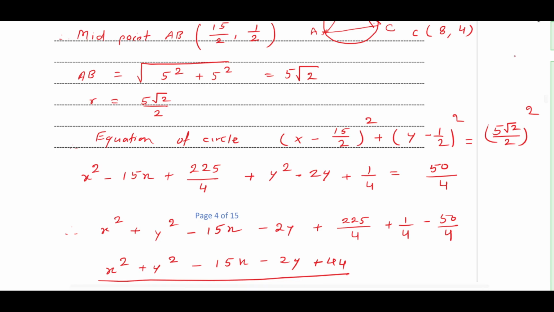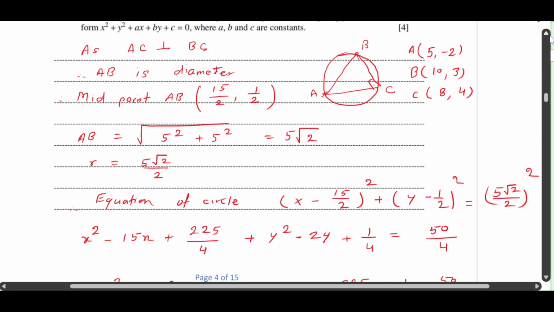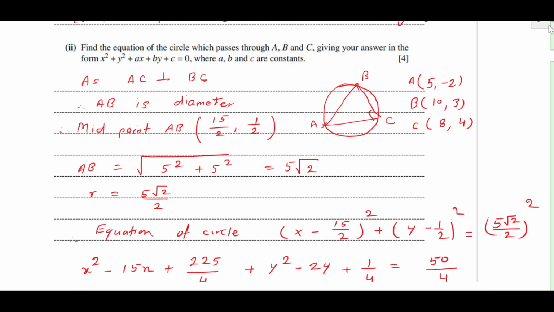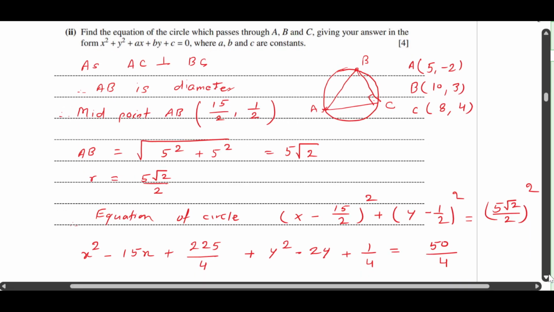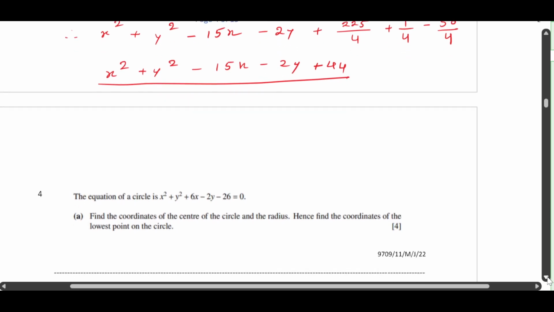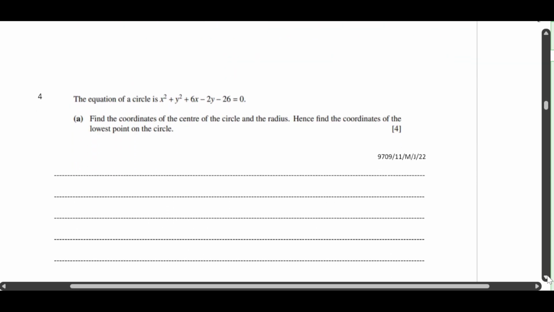So this is our answer. Here, if we see the question once again, we have to write our answer in the form of x square plus y square plus ax plus by plus c equal to 0. That is what we have done. Right. So this is a 4-mark question, okay, which you can easily score.